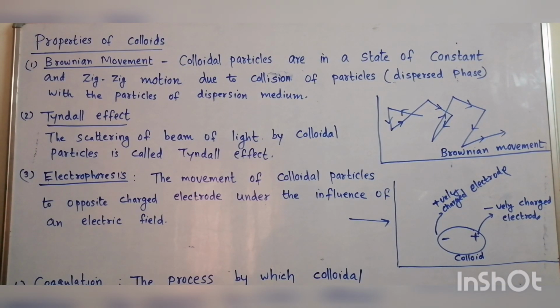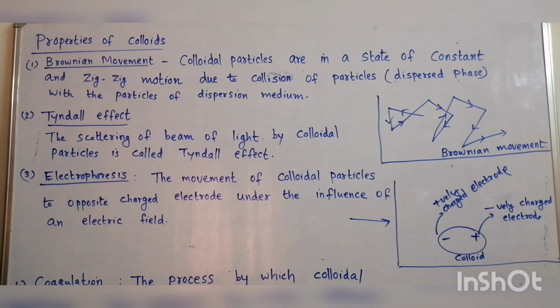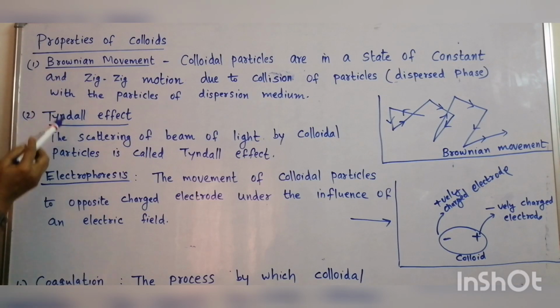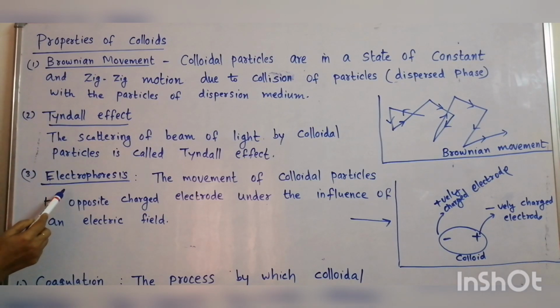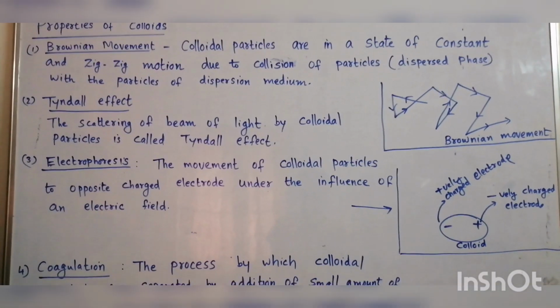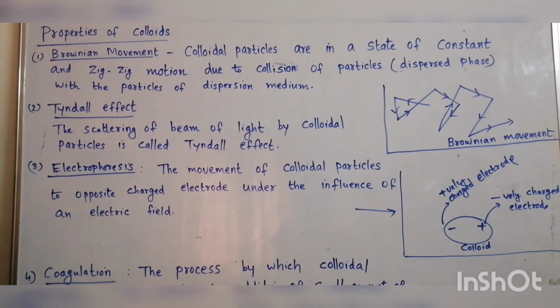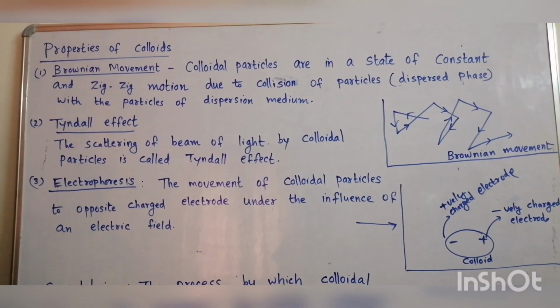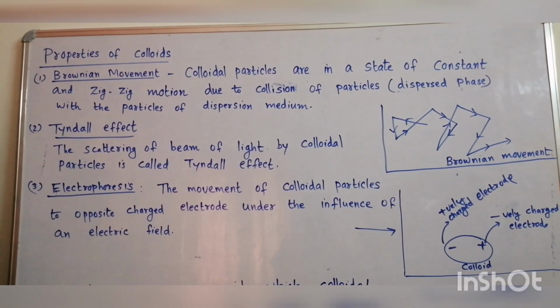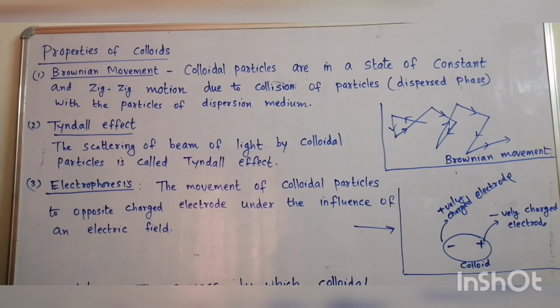Now let us discuss the properties of colloids. The 4 properties of colloids are Brownian movement, Tyndall effect, electrophoresis and coagulation. Let us see the first one, Brownian movement. The colloidal particles are always in a state of motion.